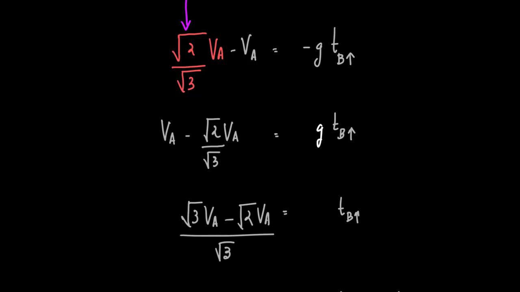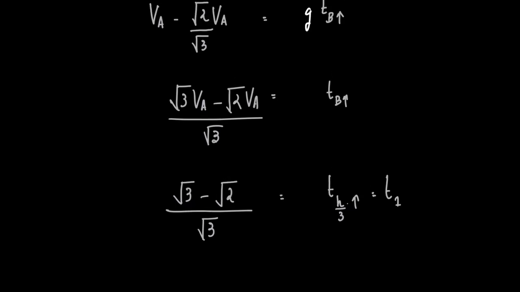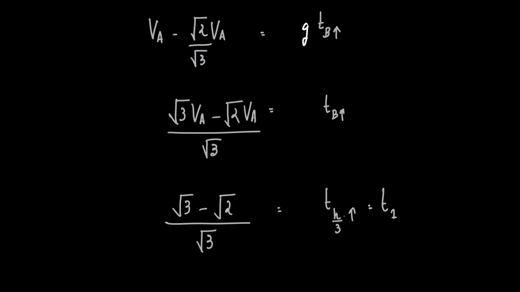So VA minus root 2 by root 3 VA is root 3 VA minus root 2 VA by root 3. And what I have done is taken VA as common from these two terms, and therefore this becomes VA times root 3 minus root 2 by root 3 is equal to G times TB. And therefore, VA by G into root 3 minus root 2 by root 3 is TB going upwards.